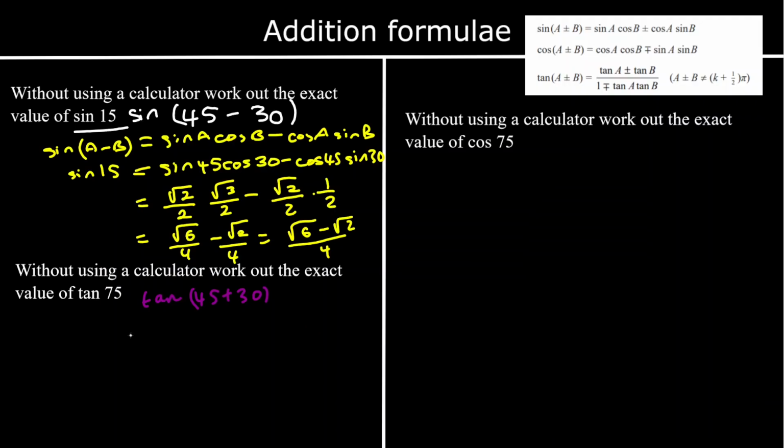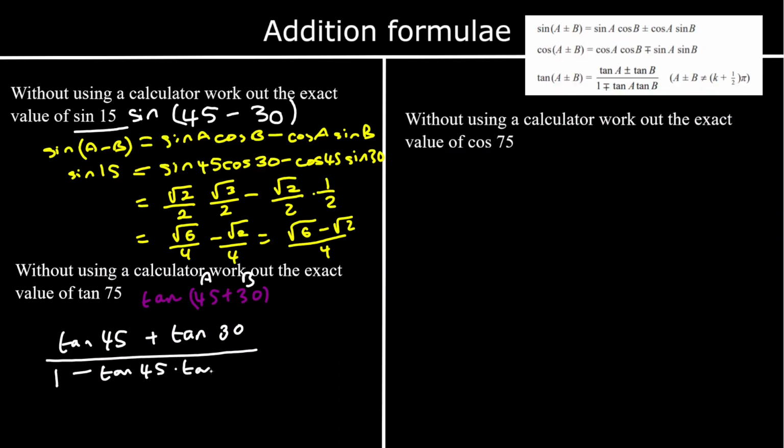So we're going to have tan(A plus B) equal to tan A plus tan B over 1 minus tan A tan B. So tan 45 plus tan 30 over 1 minus tan 45 times tan 30.